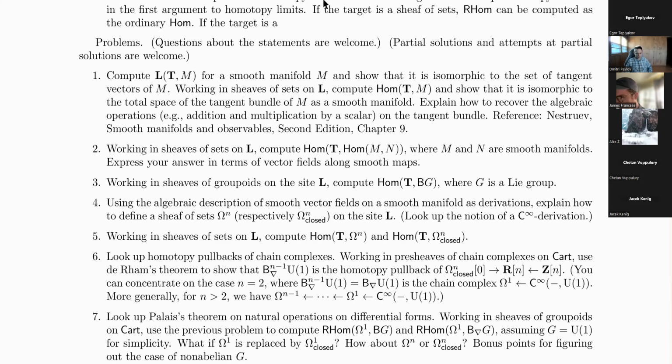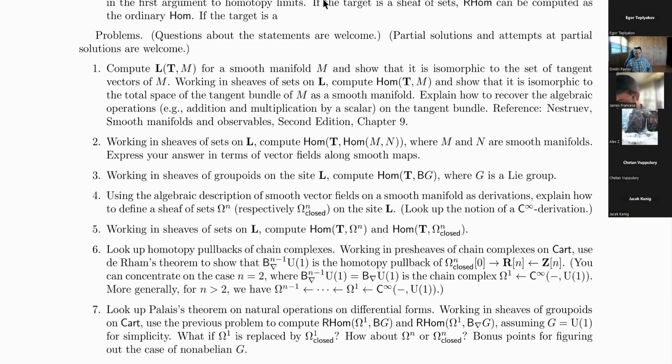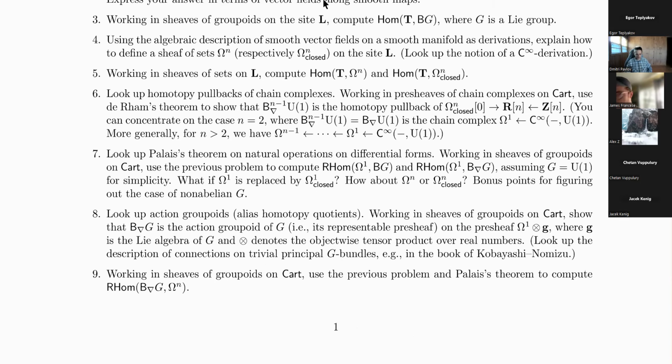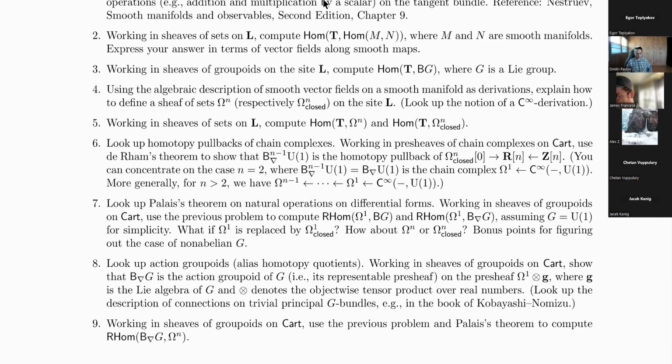Some presents are about sheaves on the Cartesian side. Some presents are about sheaves on simplicial rings, and in the last 4 presents, you can also see some homotopy theory mentioned.